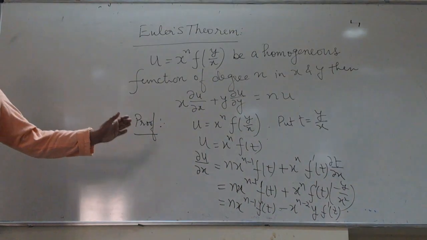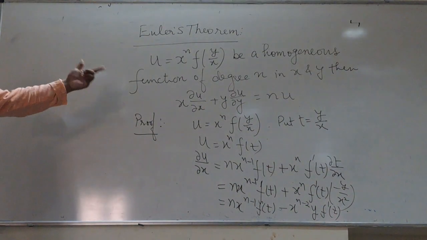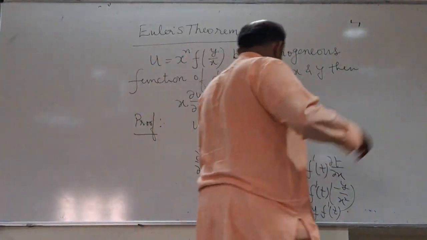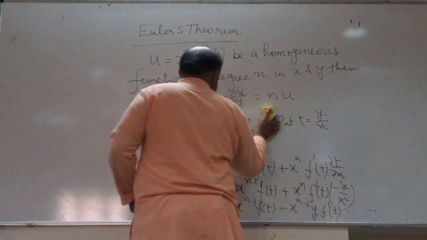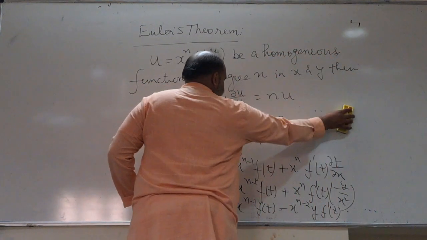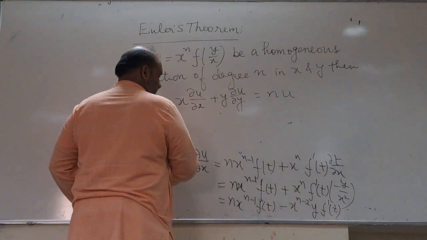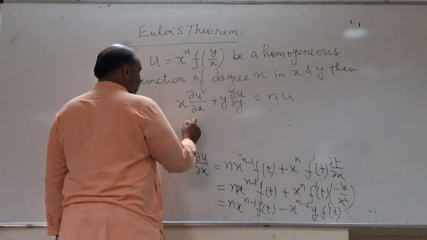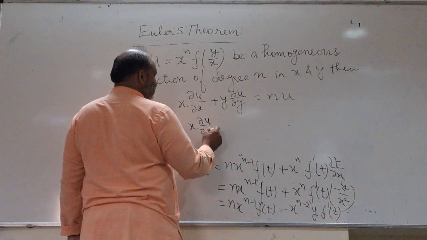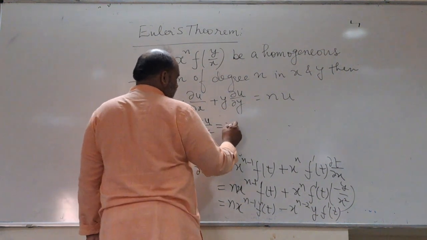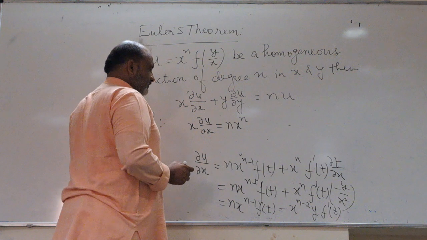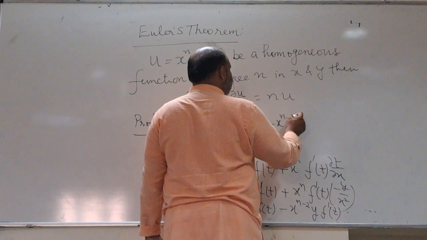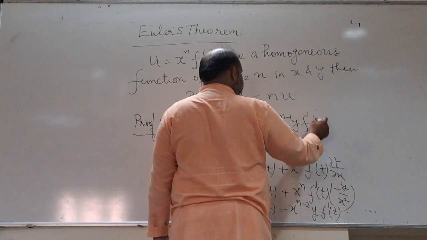This is the expression for ∂u/∂x. So now what should I find? x ∂u/∂x. Then x ∂u/∂x will be equal to n x^n f(t) minus x^(n-1) y f'(t).